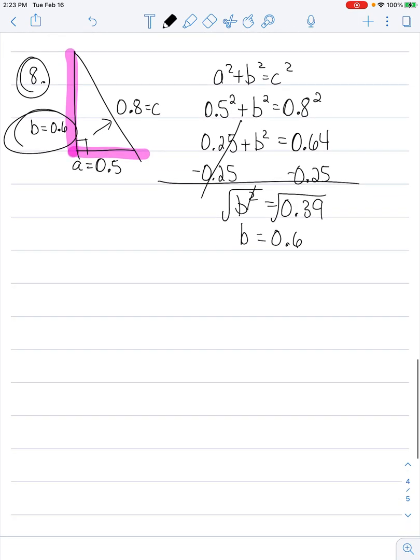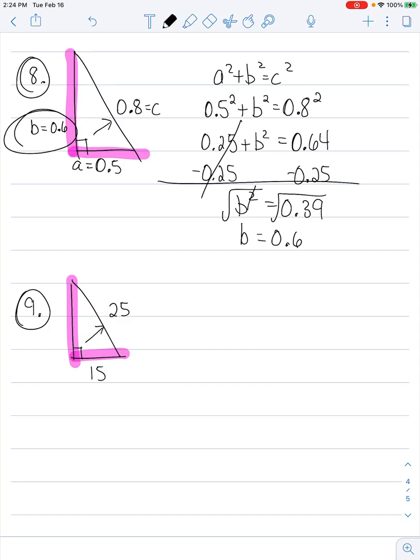Let's do another one where we are given the c. So let's draw this the same way. Draw our right triangle. And I'm going to say this side is 15 and this side is 25. So first I ask myself, did they give me c or do I need to find c?